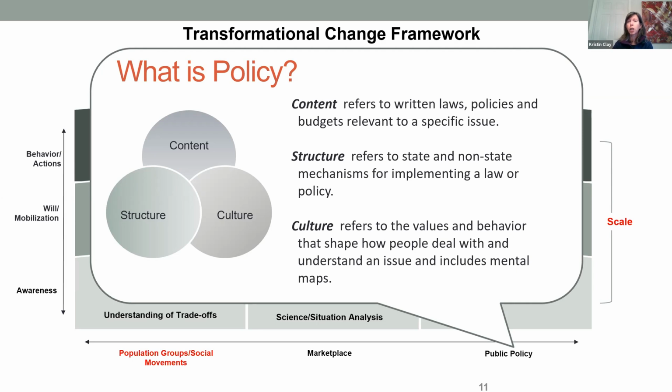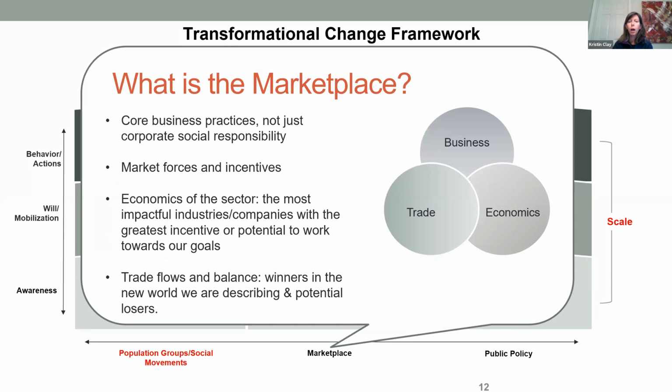What are the mechanisms to implement a policy? It could be an agency, some kind of arrangement. And then the culture refers to people's thinking on the policy. What are the values and behaviors we're trying to incentivize with a policy, or maybe we're trying to remove a barrier for some kind of behavior? So, public policy, broadly thought of as a system.